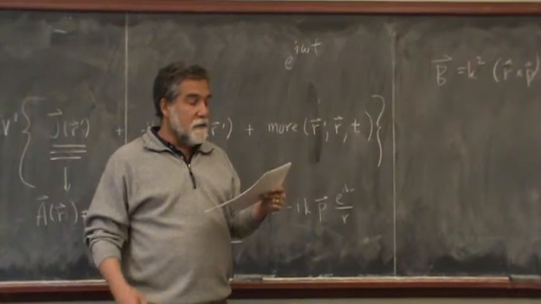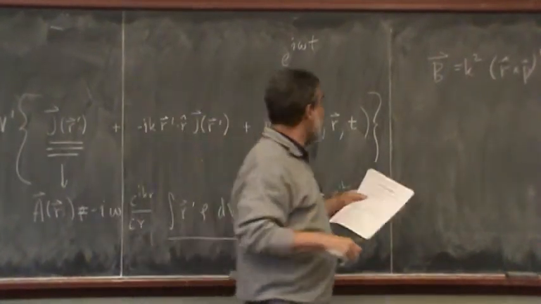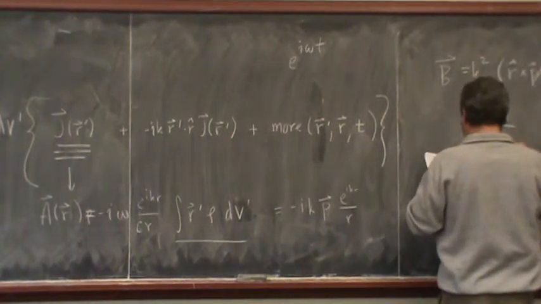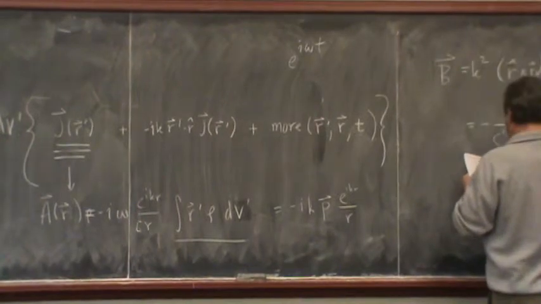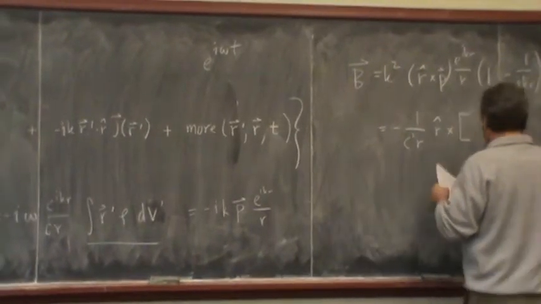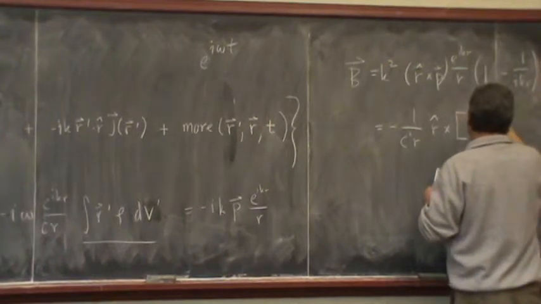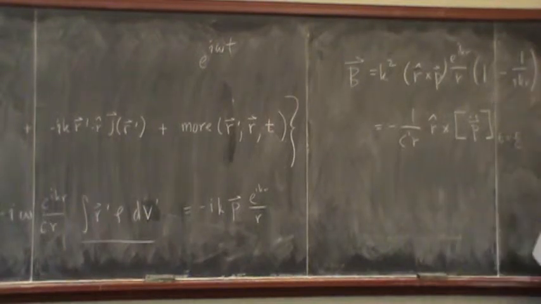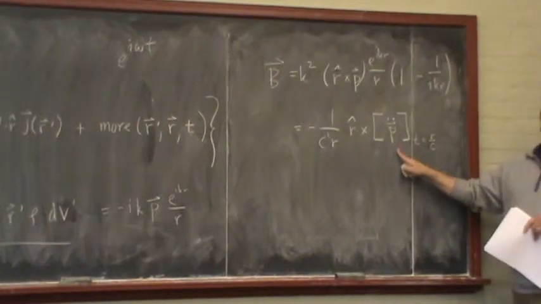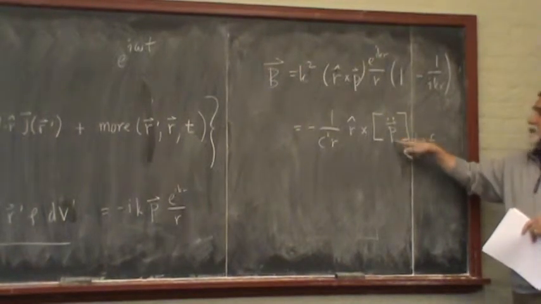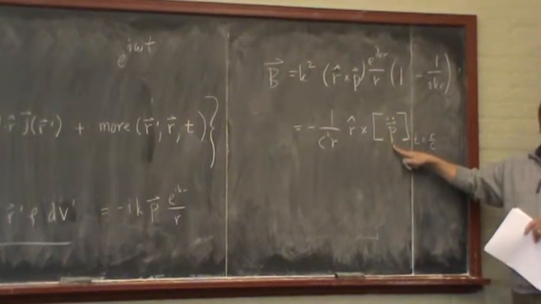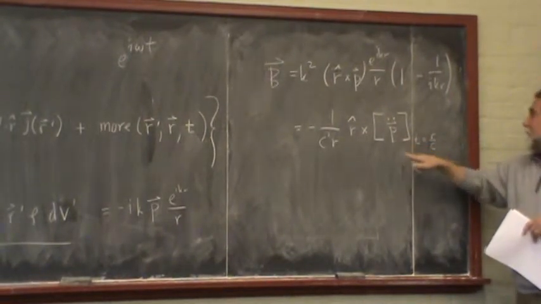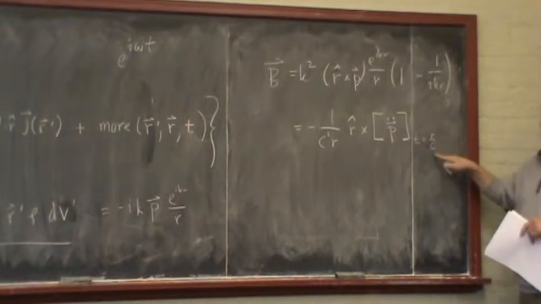I'll write down Ohanian's notation, which is minus 1 over c squared r cross the second time derivative of the dipole moment, evaluated at time t equals r over c.